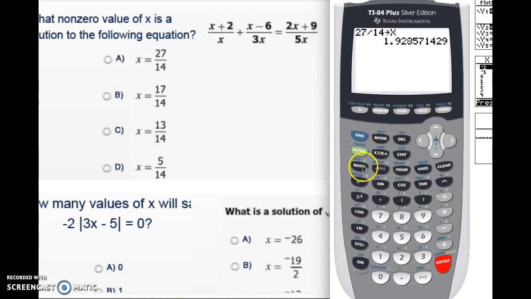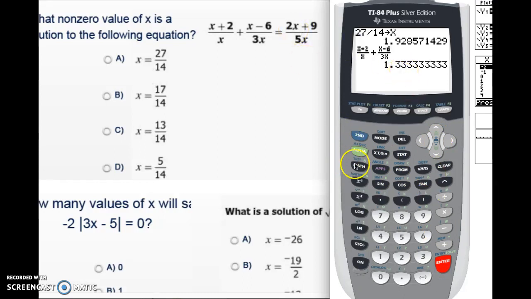So I would use that same alpha y equals to get the fraction, and I would type in x plus 2 over x plus alpha y equals x minus 6, and you're only going to have to type each of these in one time. All right, and I get that that side is 1.33.